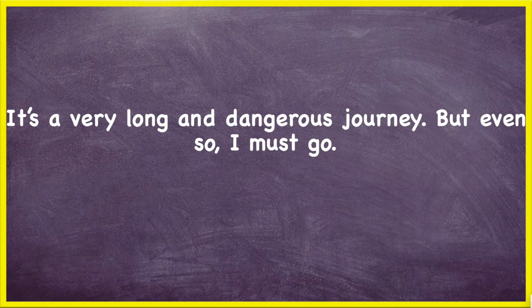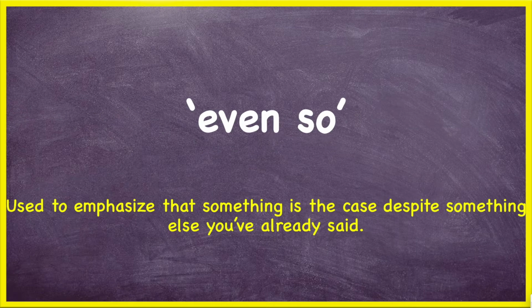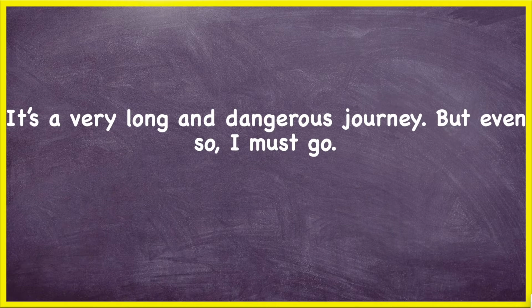All right? So even though, you could also say even though in this case, but what even so means is it looks at something you've already said and emphasizes what's to come.